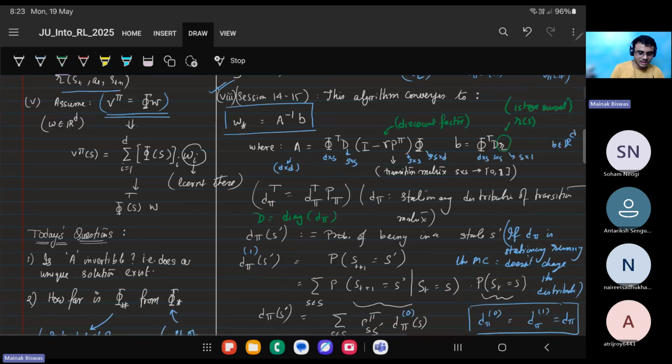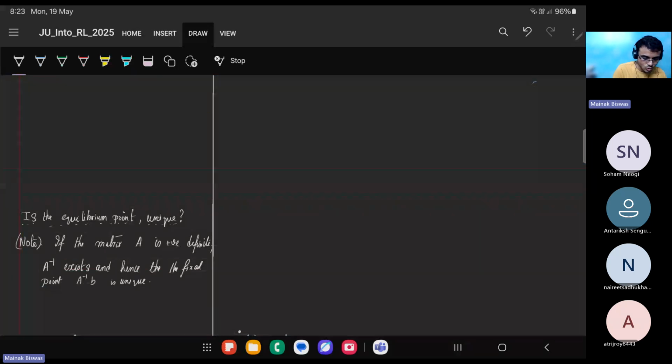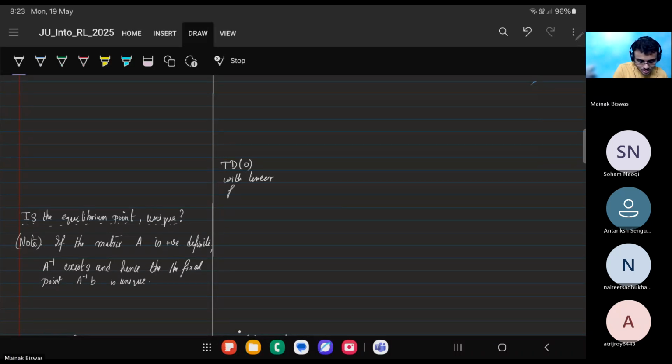So if you have this big picture in your mind, I will write these two things down. TD0 with the linear function approximation. If you're following, what is W star? Can you tell me? W star is the final optimal value, correct?